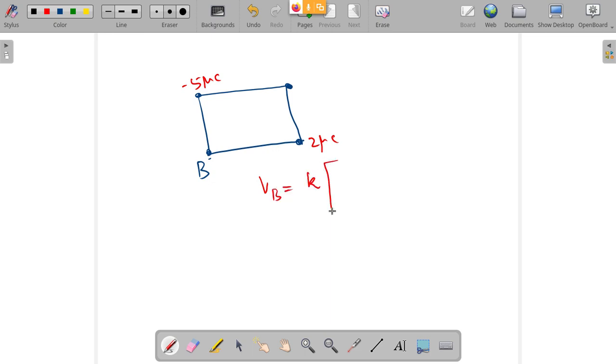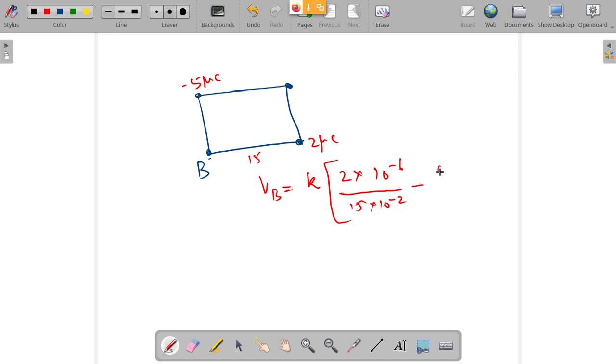So K into Q, let us say first we do the 2 microcoulomb. So 2 into 10 power minus 6 divided by the distance. Distance is how much here? It is 15 centimeters, so 15 into 10 power minus 2. Then next is the minus charge.